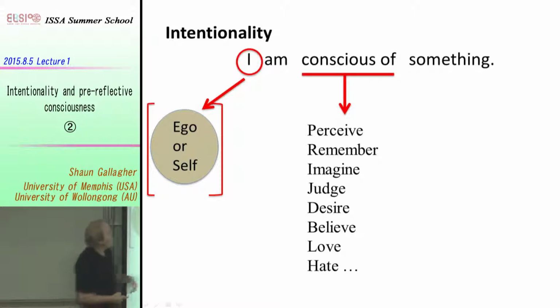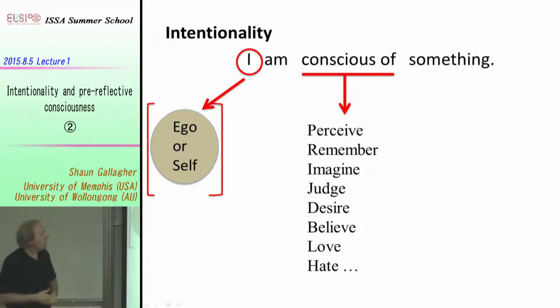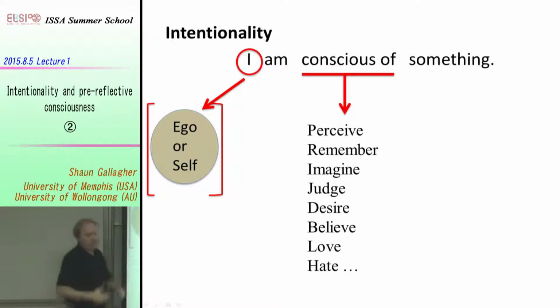And then there is the idea of the consciousness of. And there, of course, we have different ways to be conscious of things. We might be perceiving in some fashion, or we might be remembering or imagining something. We might be judging something, or desiring something, or believing something, or loving something. Emotions also have this kind of structure, loving or hating something.